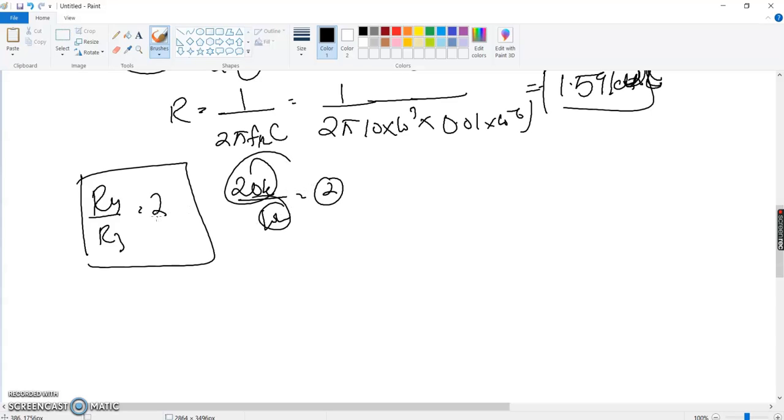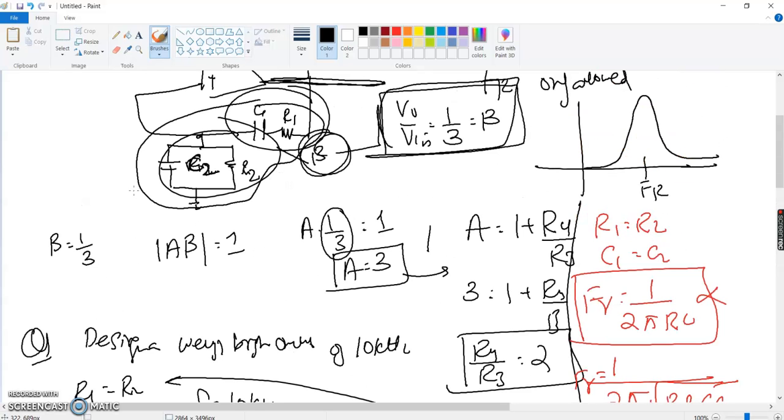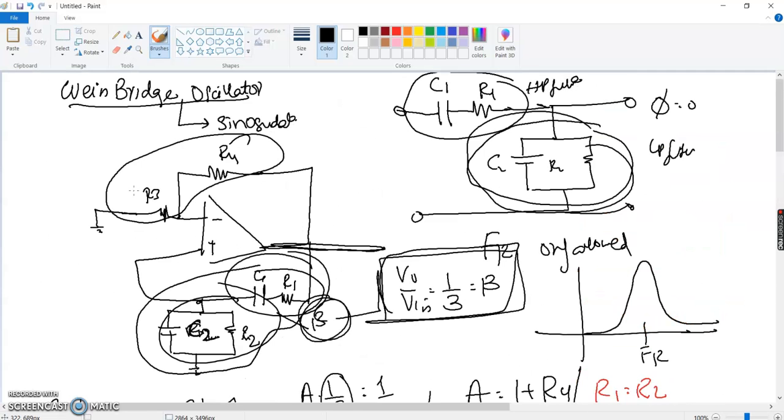That would be my R4 and R3. So now I have my R4 and R3, which are the gain resistors. I have my low pass, high pass combination resistors, C and R, and I have designed that on the basis of 10 kilohertz frequency. So yeah, this circuit is the Wein bridge oscillator that can oscillate at the frequency of 10 kilohertz.